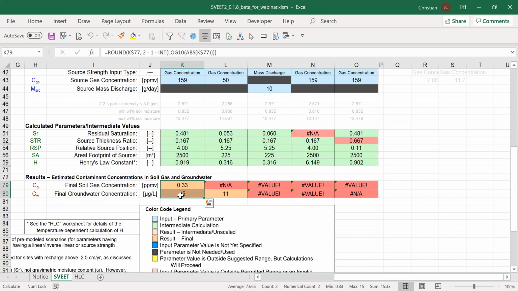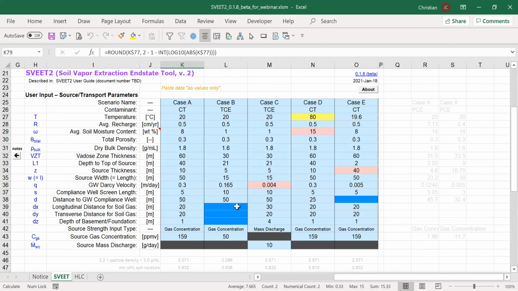and then the final estimates down here. You don't have to enter the distance to the compliance well or the information on the location for soil gas. You can choose one or the other. You don't have to have both. Depends on what you're interested in. If you enter a value such as the 0.004 for the groundwater velocity, it's outside the bounds, and so it shows up in red.